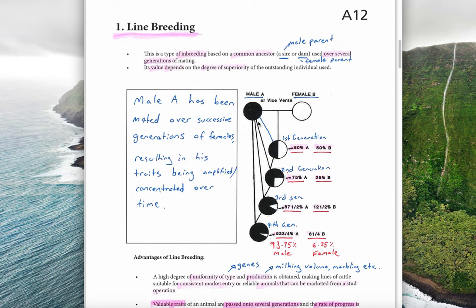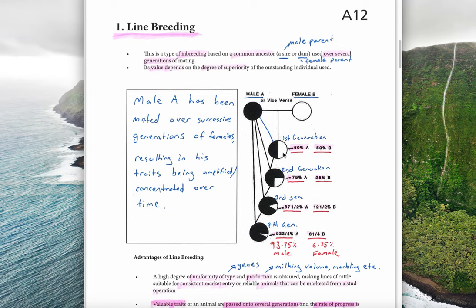So this is father and daughter, and they are mated together, and they give you another offspring here, which is the granddaughter of this male, and also the daughter. So in the first generation, when this male and this female have a first calf, that first calf's genes are 50% of the father and 50% of the mother. So this animal that you've had here is 50-50.